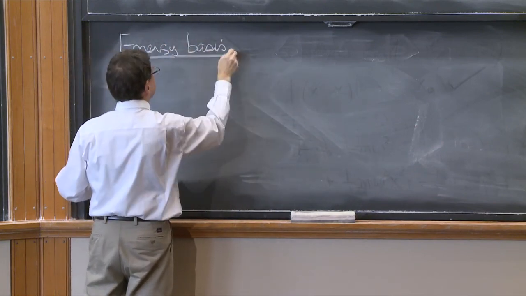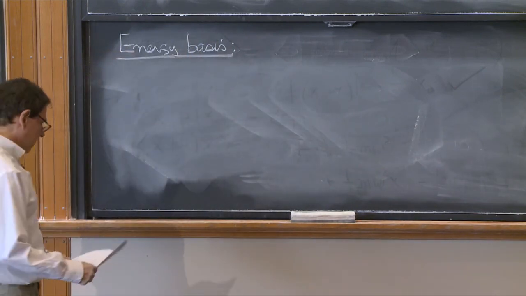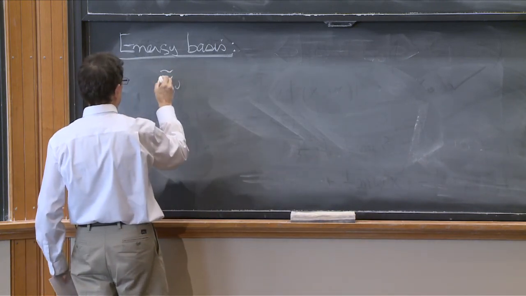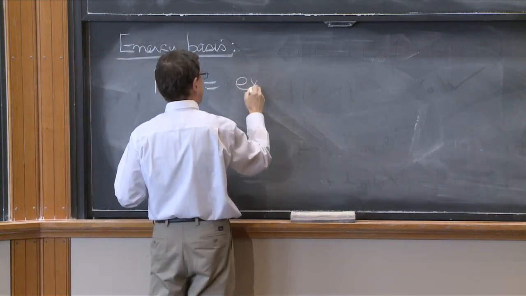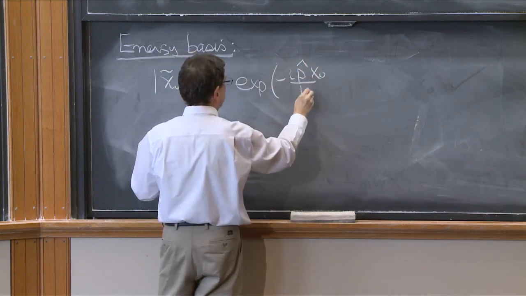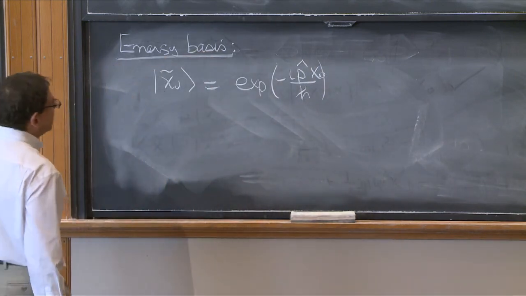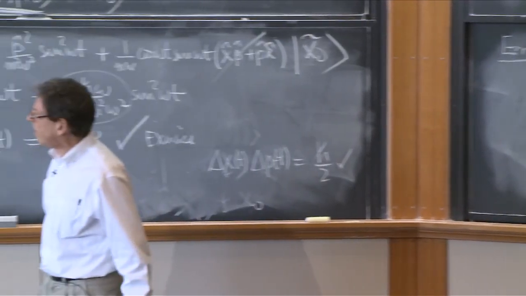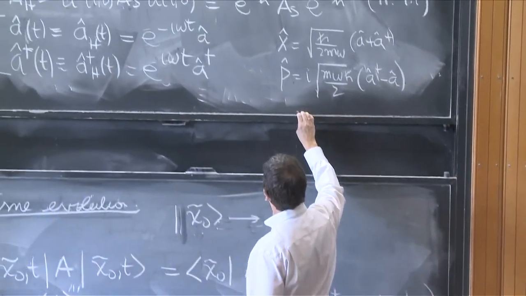So what do we have? We have the coherent state, don't need to put the time yet, is the exponential of minus i p hat x0 over h bar. There is, as you've seen already, a length scale in the harmonic oscillator, a famous length scale, and we'll have an abbreviation for it.